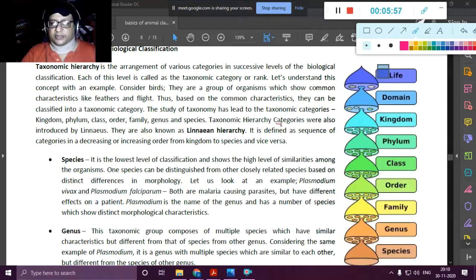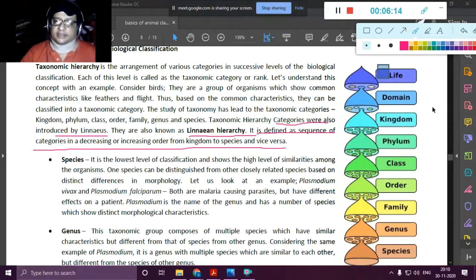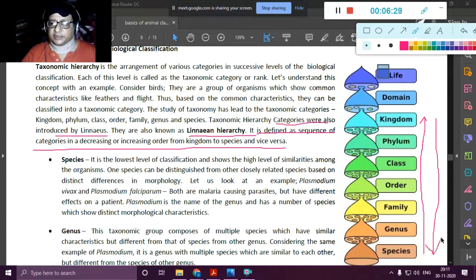These categories were introduced by Linnaeus, and therefore they are known as the Linnaean hierarchy. So it is defined as a sequence of categories in a decreasing or increasing order from kingdom to species and vice versa. So increasing is from species to genus, family, order, class, phylum, kingdom. This is increasing, and decreasing is from kingdom to phylum, class, order, family, genus, species. So this is the Linnaean hierarchy.